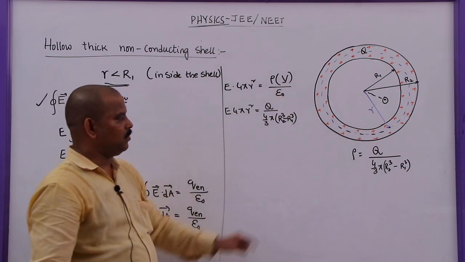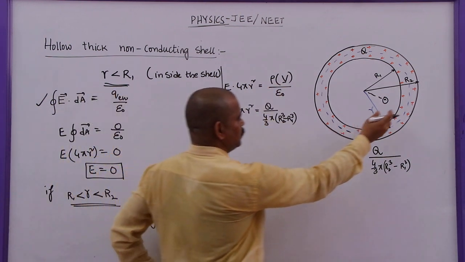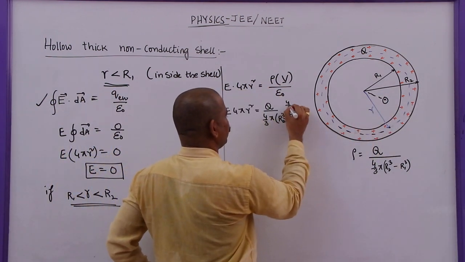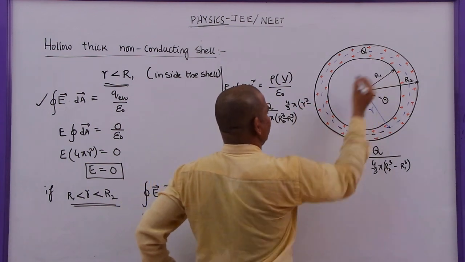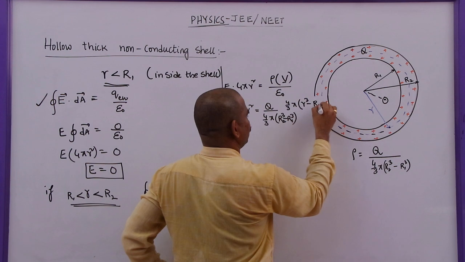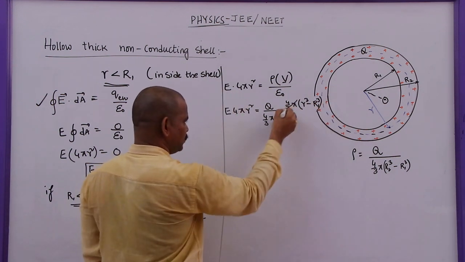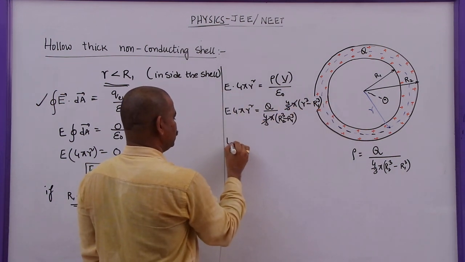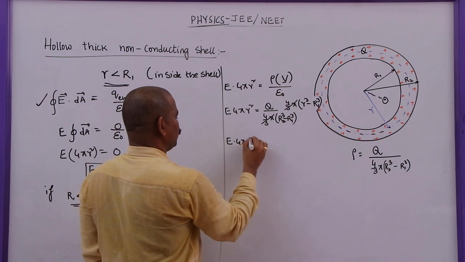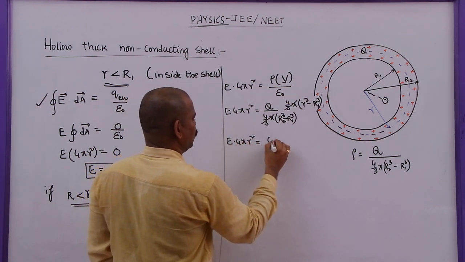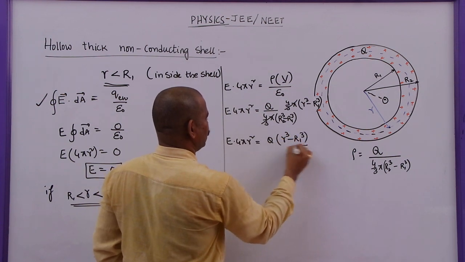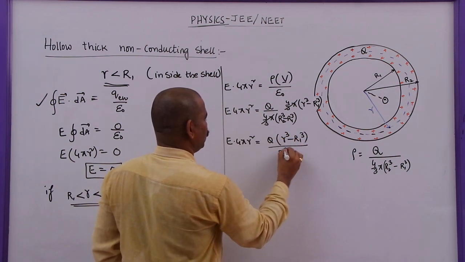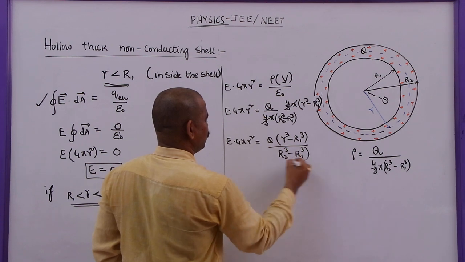What is the volume of that blue color sphere? This volume is 4 by 3 pi (r cube minus, subtract this one, r1 cube). Cancel 4 by 3. So E into 4 pi r square is equal to Q into (r cube minus r1 cube) by (r2 cube minus r1 cube).